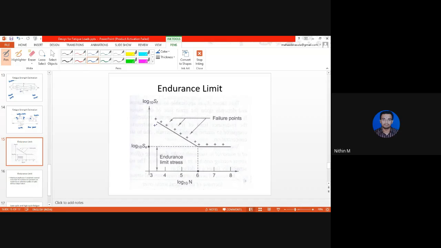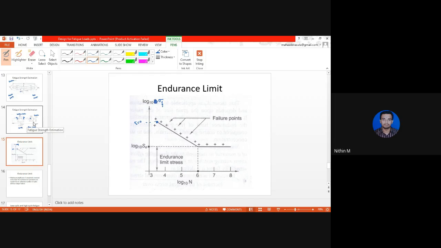The component will fail at a particular stress value. This is log of stress to failure. This is log of number of cycles to failure. So at a stress value of 500 MPa, it has failed at 10 to the power of 3, 3.5. I will mark this point.